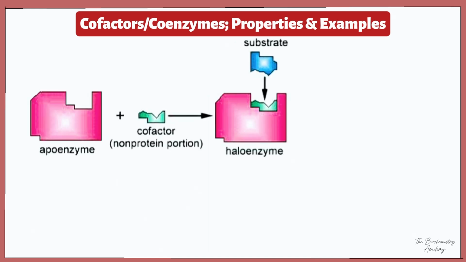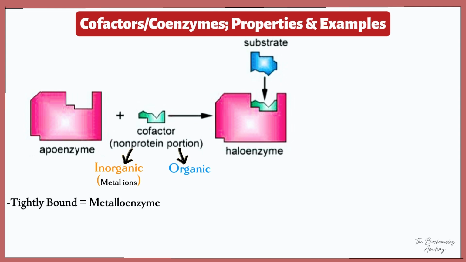So let's continue. This cofactor can either be organic or inorganic. Now, in the inorganic cofactor, which are usually metal ions, the metal ions that are tightly bound with the enzyme are called metalloenzyme. But if they are loosely bound, they are called metal activated enzyme.